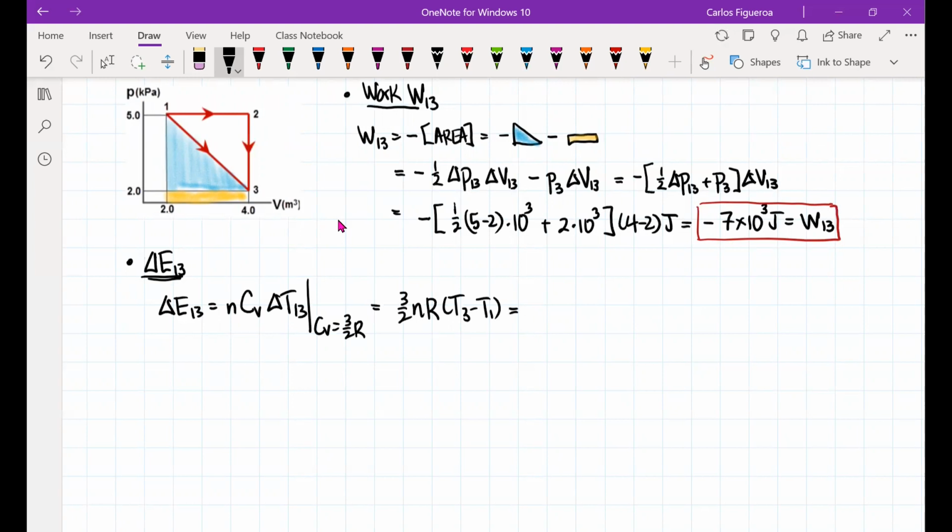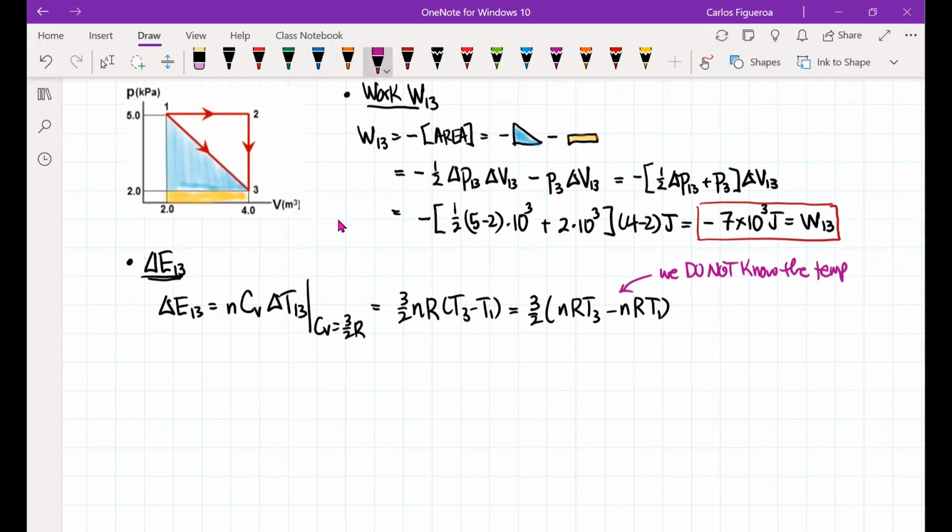So if I write this out a little bit more, this will be NR T3 minus NR T1. And what you're seeing here is that right away, we do not know the temperatures.